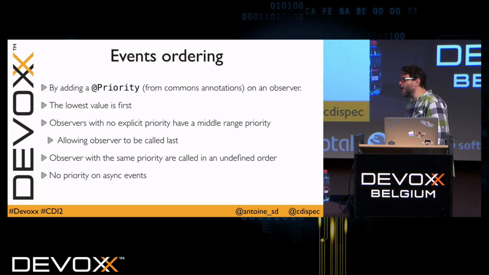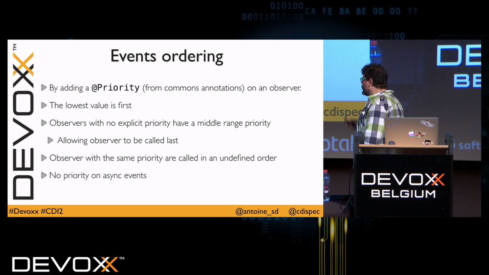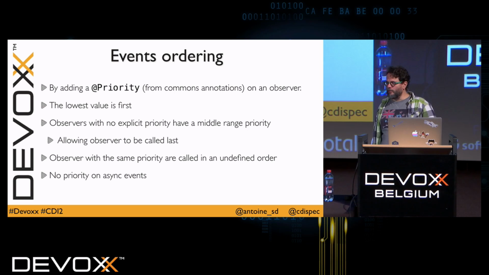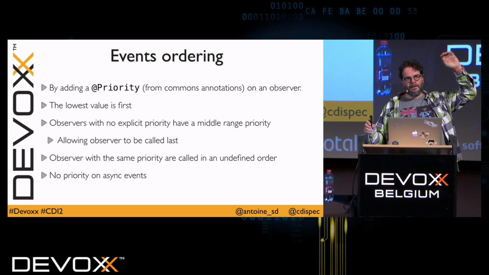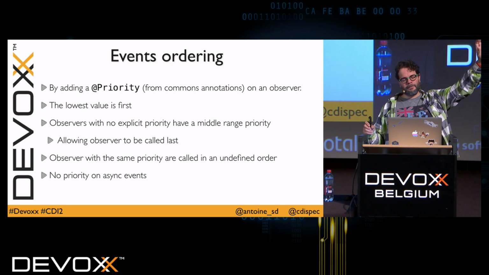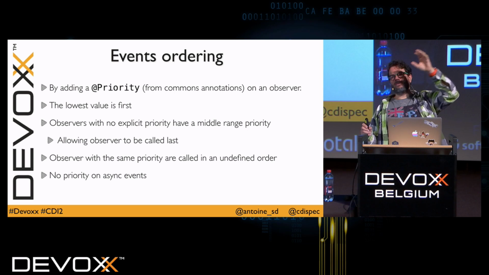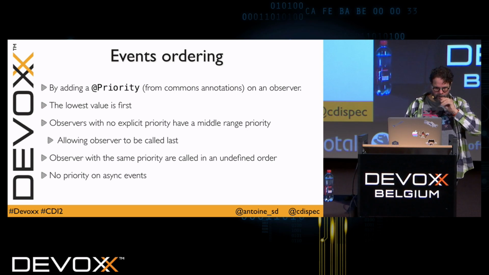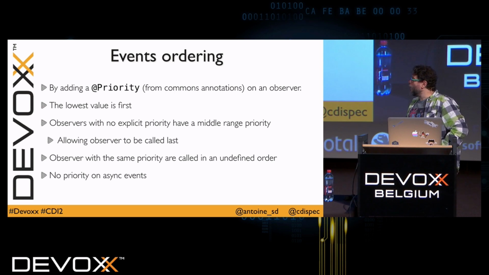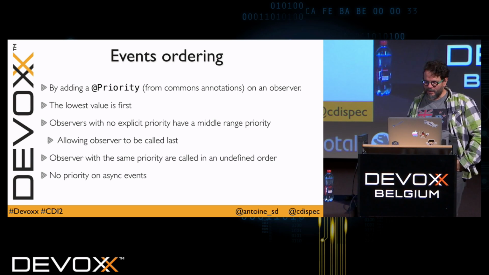And if you don't provide the @Priority annotation on your observer, you will have a middle range priority by default, allowing you to define observers triggered first and observers triggered last, and observers where you don't mind when they are triggered, but they won't be first or last. That's the idea behind that. And after a lot of discussion, there won't be any priority on asynchronous events in CDI 2 at least.